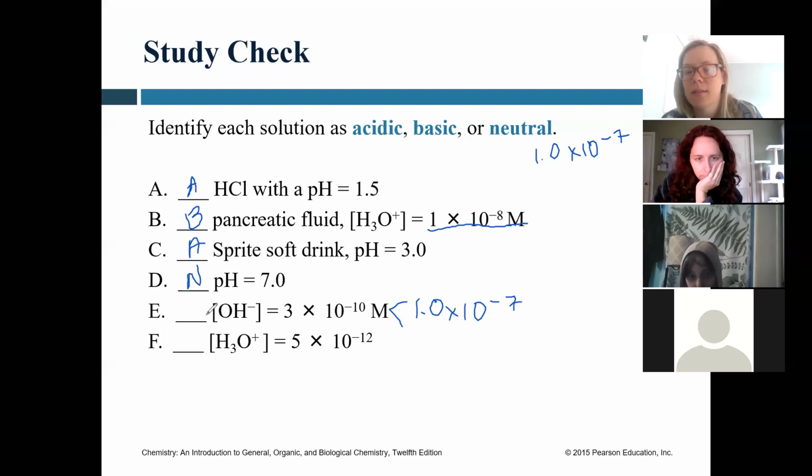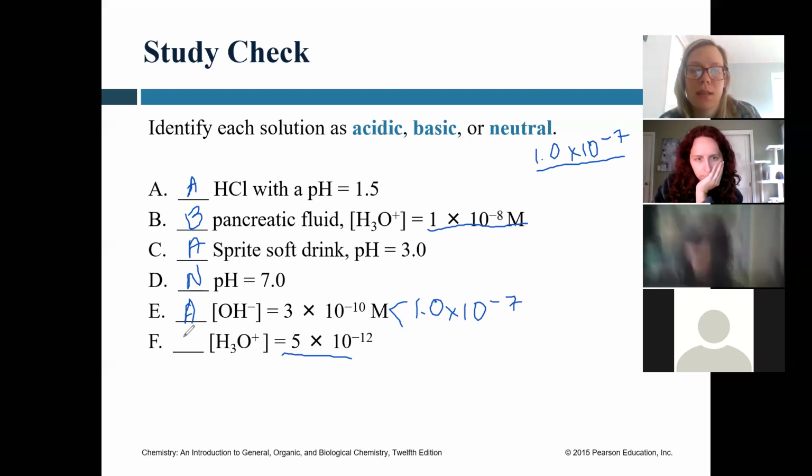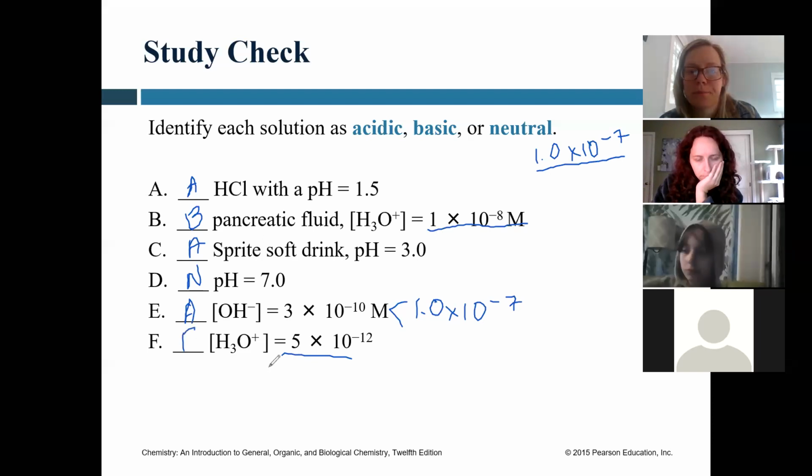So that means the OH is losing or the acid has to be winning. So this is acidic. And then this last one here, we've got an H3O+ concentration. This is smaller than our neutral cutoff point. So this is in the minority, or is losing the battle with whatever the OH happens to be. So we will say that this is basic.